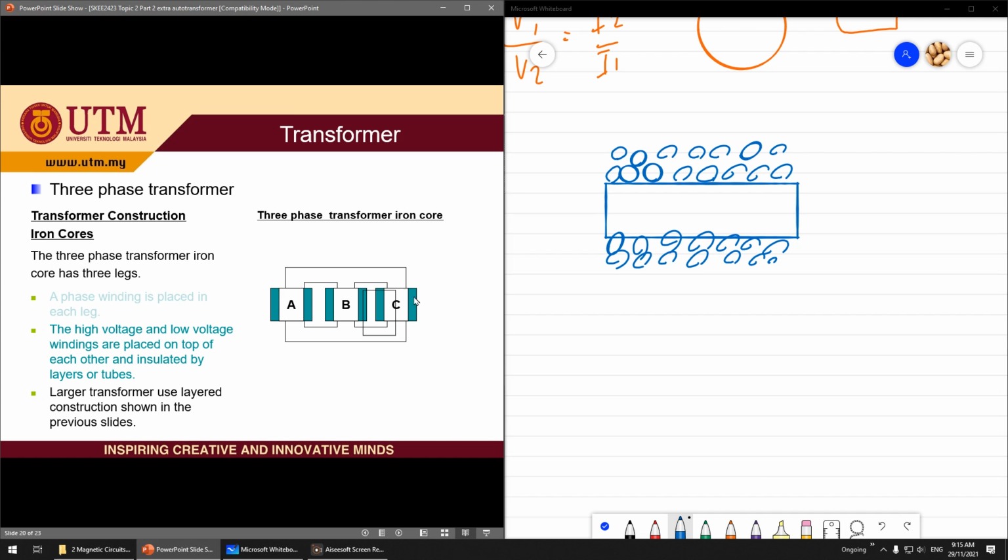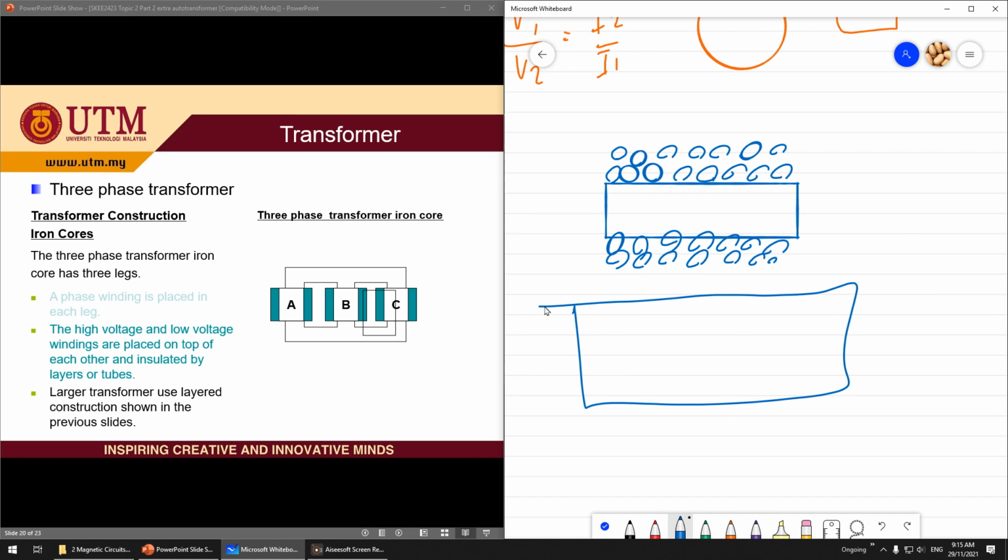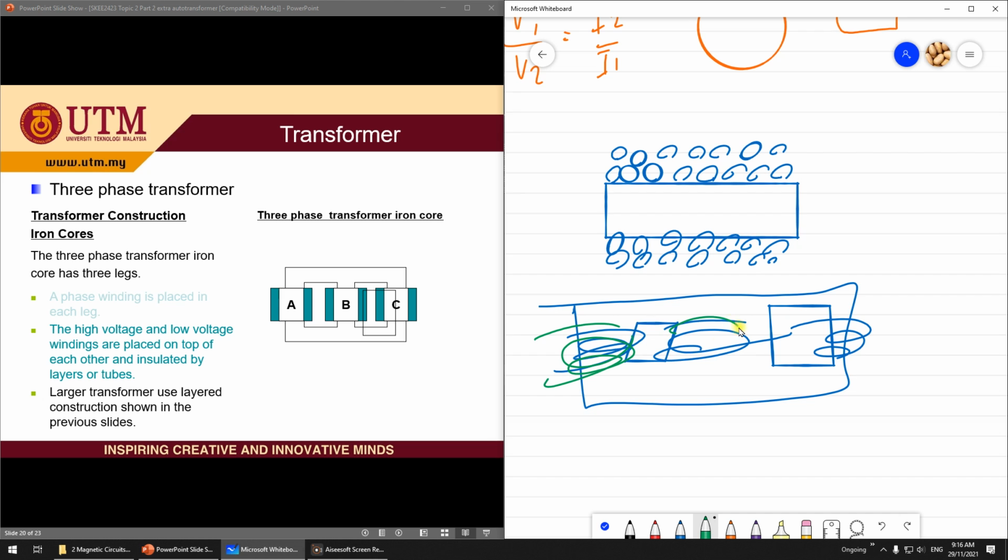This is the construction as I showed before. You have three legs here. The primary winding is usually at the inner side of the leg, something like this, and then you put the secondary winding at the outer side. So the second layer, second or third, depending.